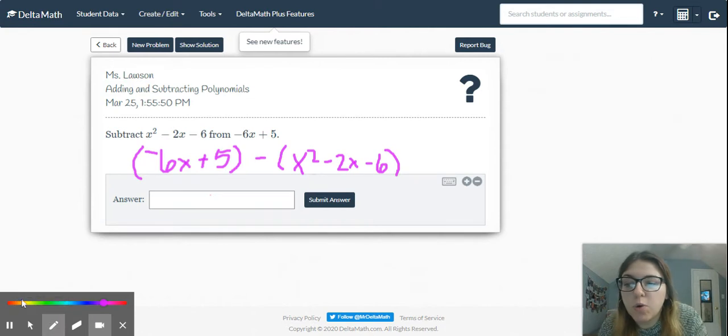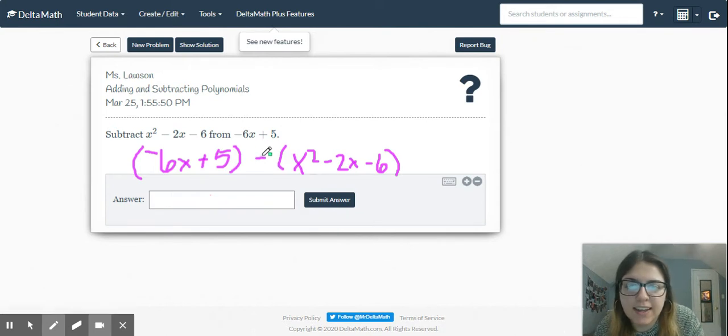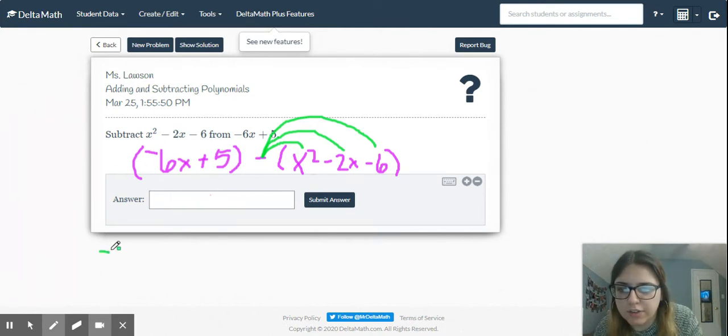And the important thing with subtraction is that you have to distribute this negative sign to everything behind it. So I like to rewrite this, and what's going to happen is nothing in the first part changes. So I've got negative 6x plus 5.